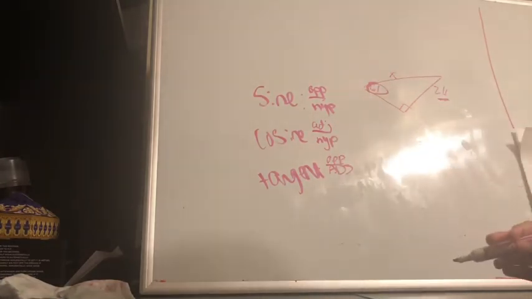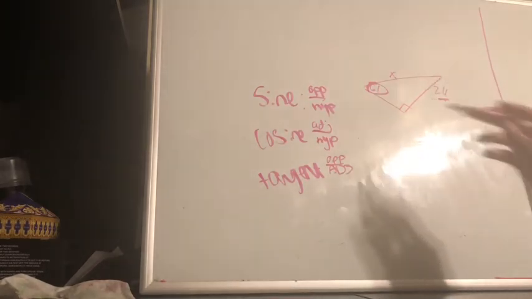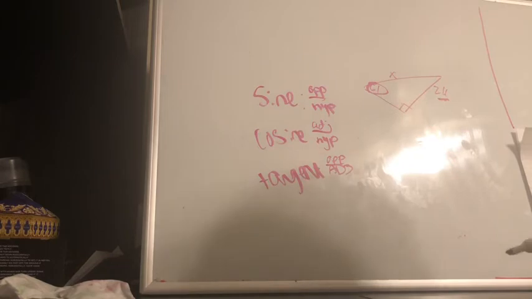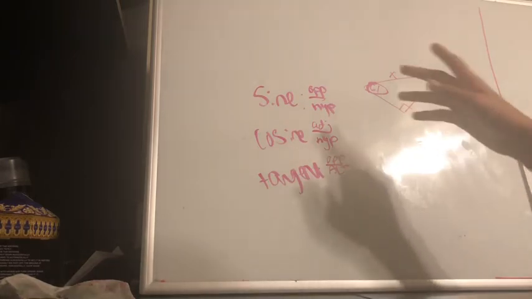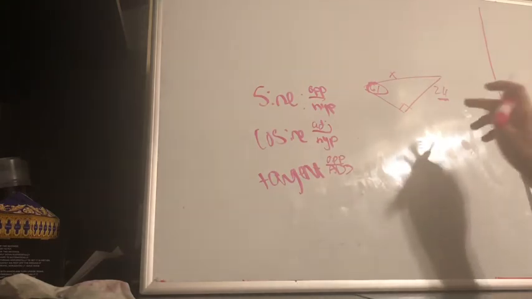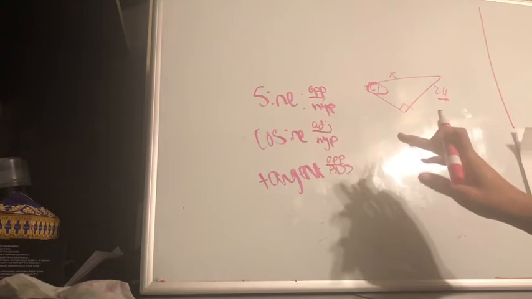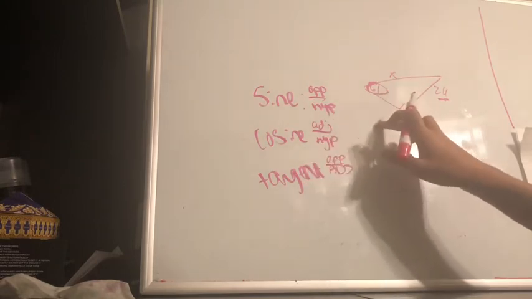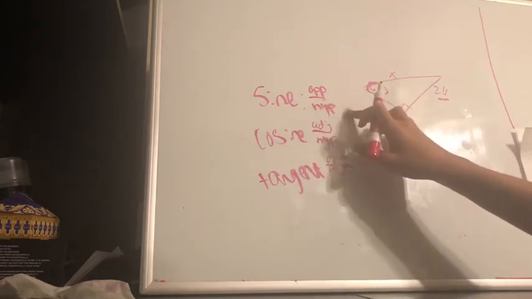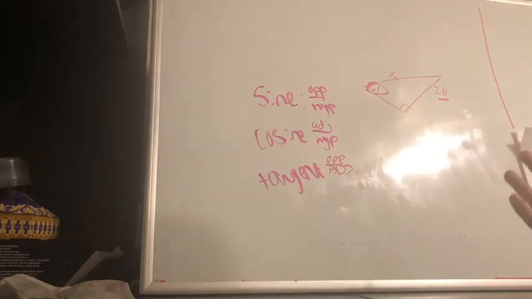And how do we know what goes off 61? Well, we usually go off whatever's inside the triangle. So in this case, we're always trying to find x. So we know x is the hypotenuse and 24 is the opposite. So out of these three, sine is the only one that has both the opposite and the hypotenuse, which is the only reason why we would use it in this case.